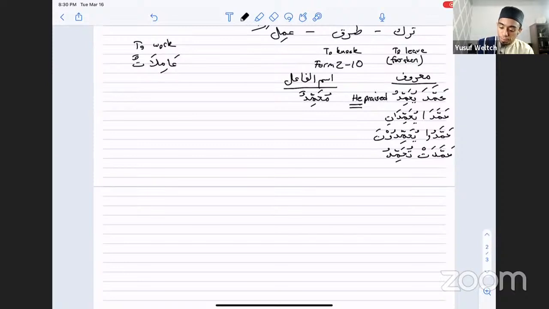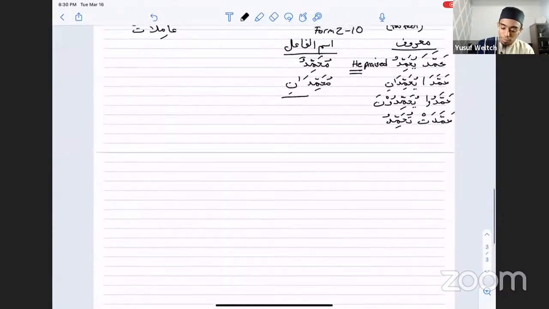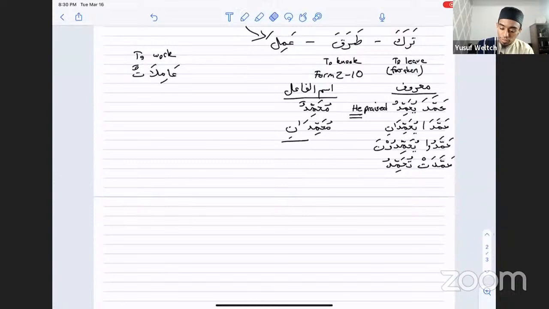What would it be? What's the dual of Muhammidun? Muhammidani. So the ani is the dual. You add ani to anything, it becomes a dual, or at least for nouns. Right?